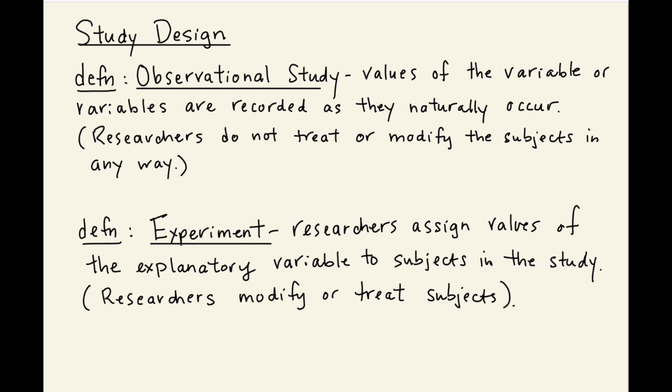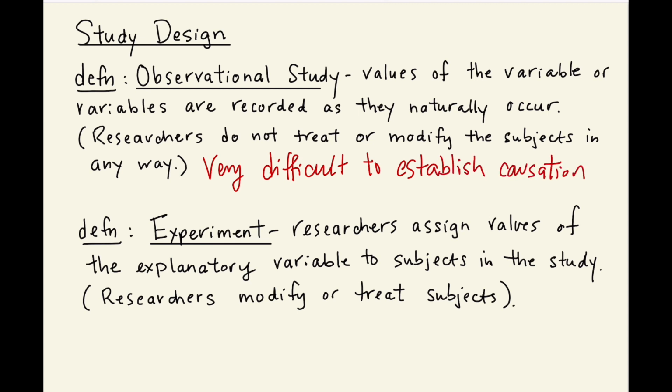So one problem with observational studies is it's very difficult to establish causation, because we have these things called lurking variables. So in an experiment, we have a better chance of establishing causation.